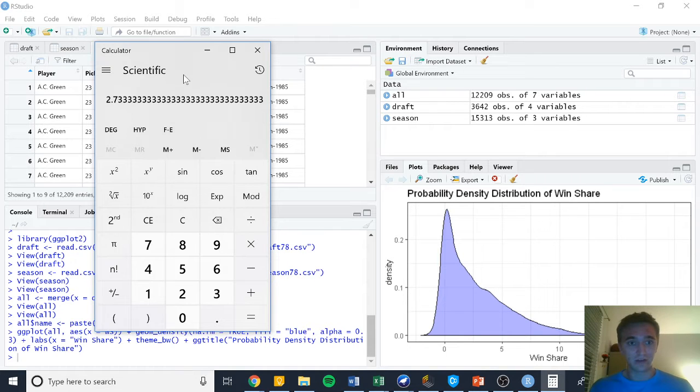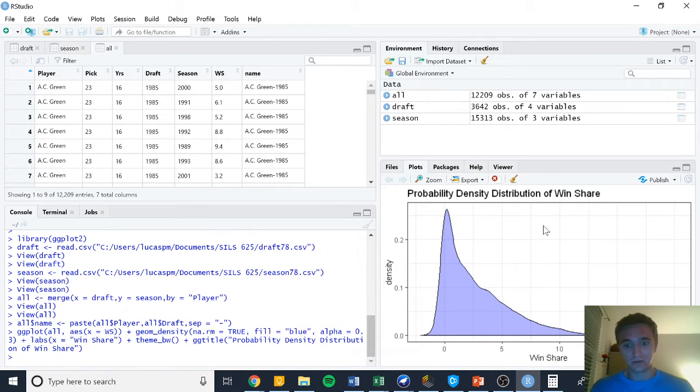So an average, or maybe median, player over the course of the season is going to have 2.73 win shares in a season. So it lines up pretty correctly with what we're seeing here.